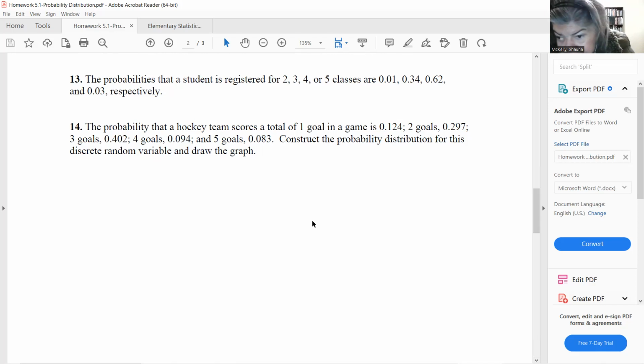So I'll leave that for you to do on your own, but I hope this overview has helped you, and I'll show you too where you can go for more help. The way that she wants the probability distributions, let me share the slides.